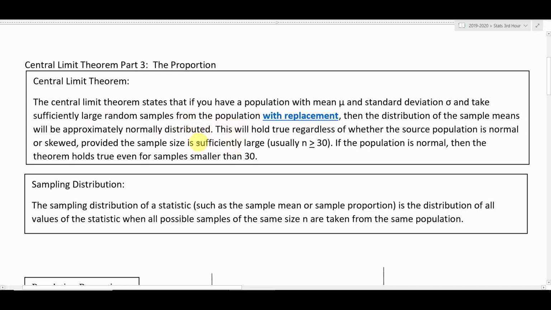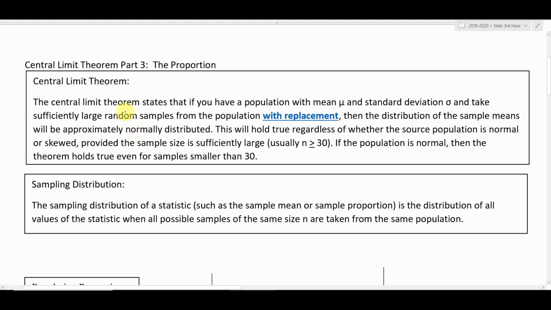In general, what it had said before was that if we took samples of large enough sizes over and over and over again, and we distributed the means, or in this case, the proportions, that's what we're going to talk about today. If we took samples that were large enough, we could build a distribution that is normally distributed.